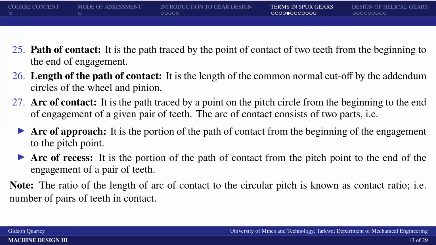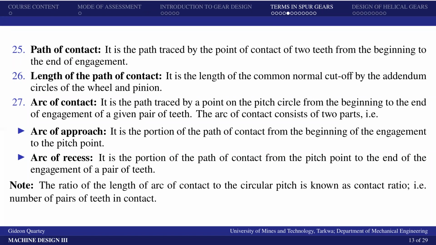Then the path of contact is the path traced by the point of contact of two teeth from the beginning to the end of engagement. When the teeth are engaged and the two gears are rotating, the teeth will be moving on each other.